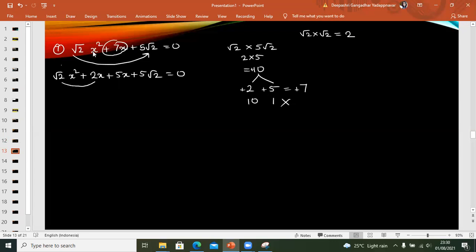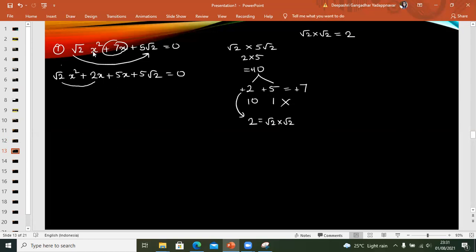We have to remove the common value out from this bracket. How to remove common value from this bracket? It's quite difficult. So what we will do, we will write this 2 as root 2 multiplied by root 2, because root 2 multiply root 2 is 2. That's why we can also write 2 as root 2 times root 2.